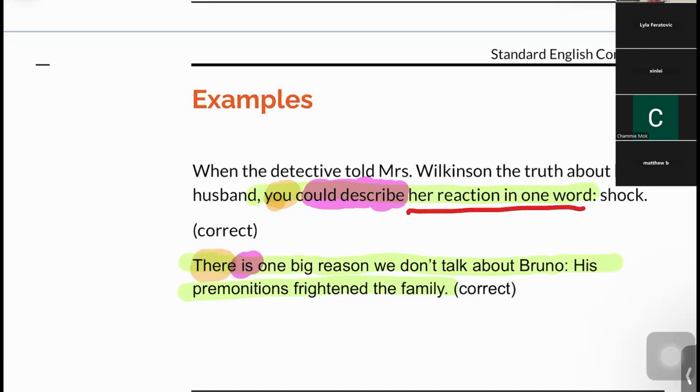And even though, you might notice, his premonitions, that's a subject, frightened, that's a predicate, there's an independent clause after the colon, but that's completely fine. That's completely allowed. Okay, so the main takeaway here is independent clause, colon, that's the absolute rule, and then anything goes after the colon.